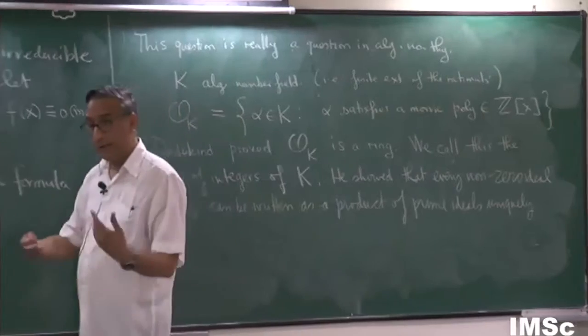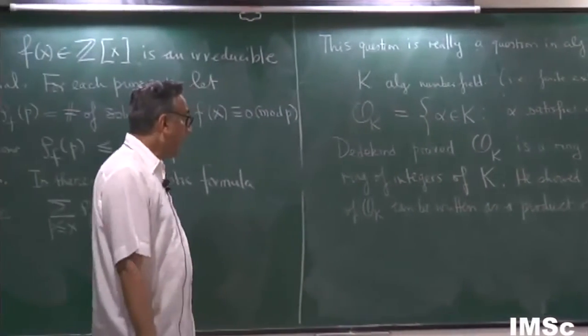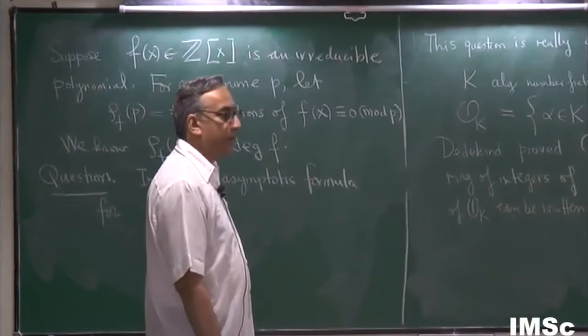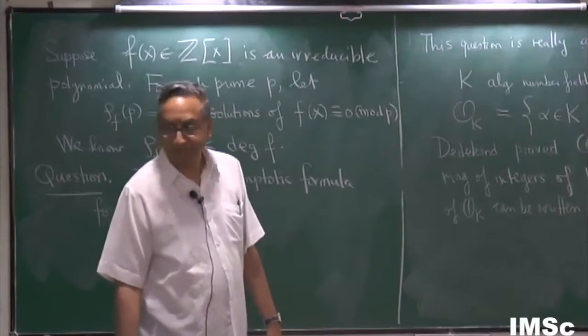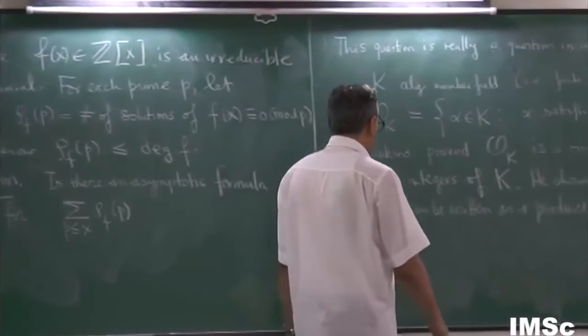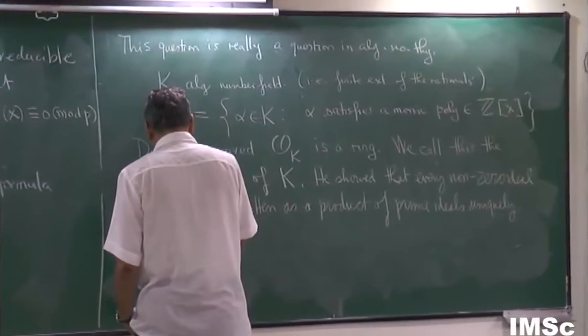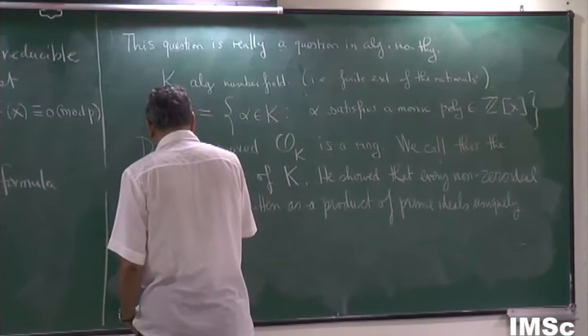Okay, so you can factor all the ideals uniquely, and inspired by the Riemann zeta function, he tried to define a zeta function. Here's how it goes.